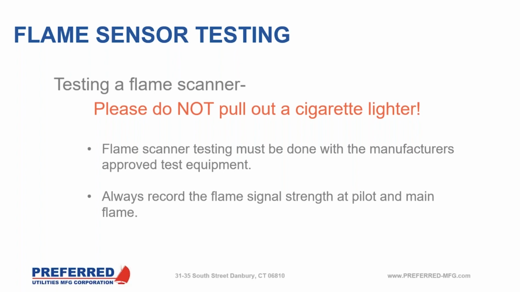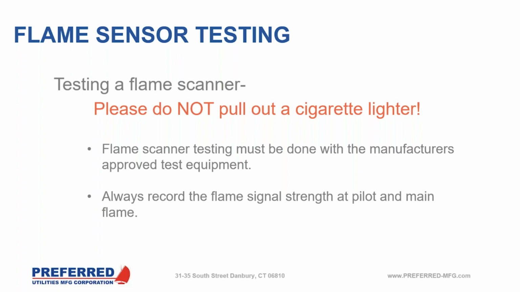I've always said, if you take proper notes when starting up a new burner or even operating an old one, record these flame signal strengths: the flame signal strength at pilot, the main flame at low fire, the main flame signal at high fire. Recording these will give us a good idea if we've got something that's aging.